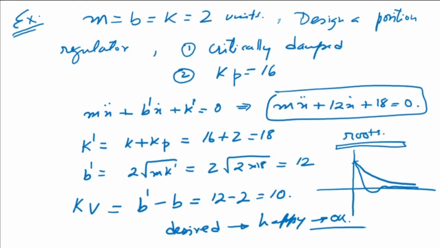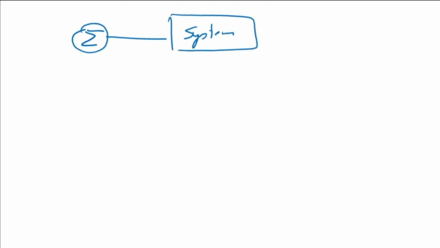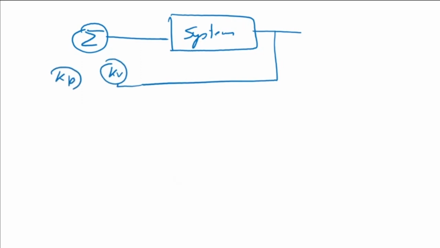Now this is a position regulator, which basically means that it can only keep the position at a particular location, subject to small disturbances. Now if I draw it, it is going to be something like this. This is my system. In control systems, you always have to draw block diagrams, because this gives you a pictorial representation and it becomes much easier to understand what's going on. So this is my Kb, and there is a Kp there.